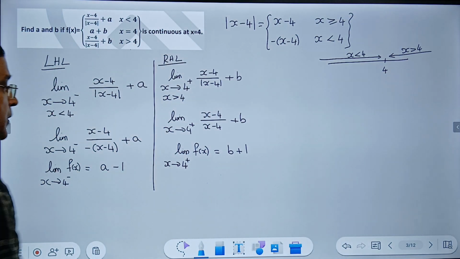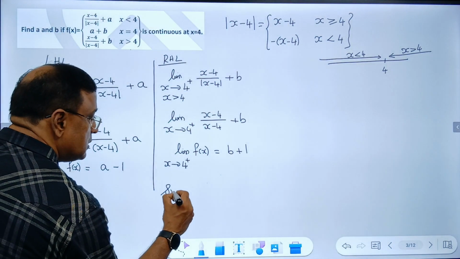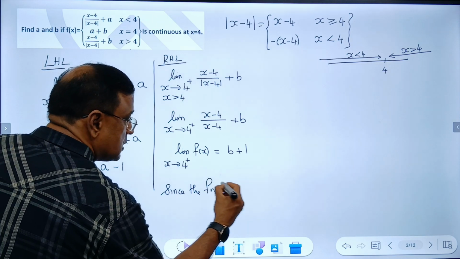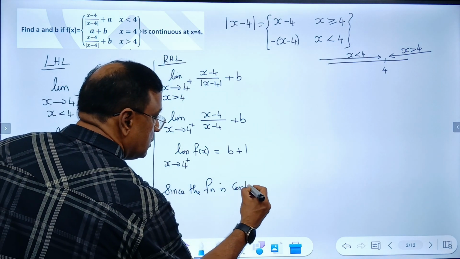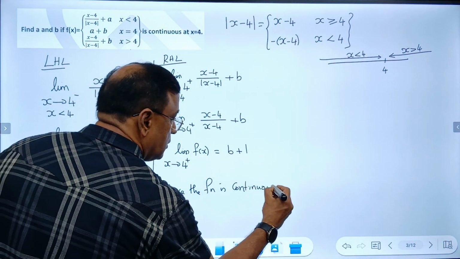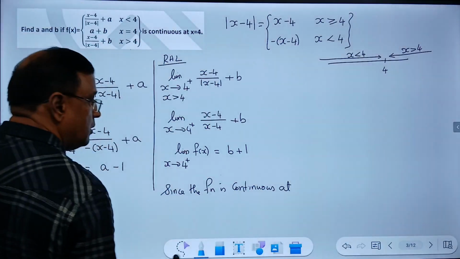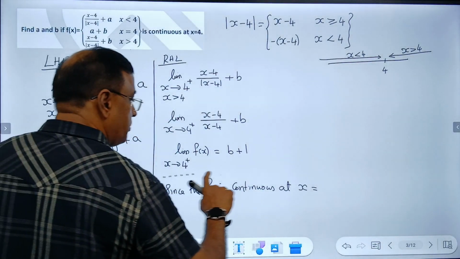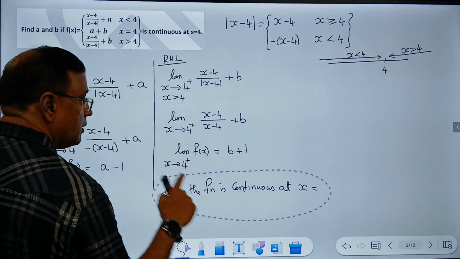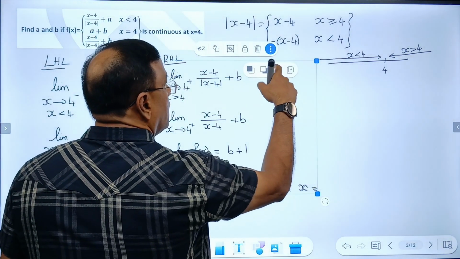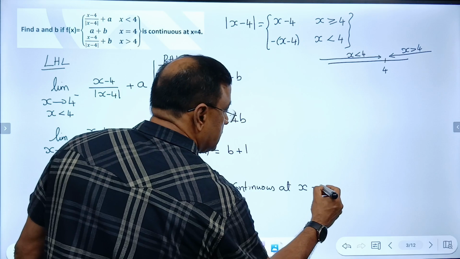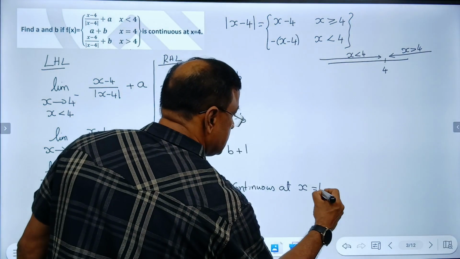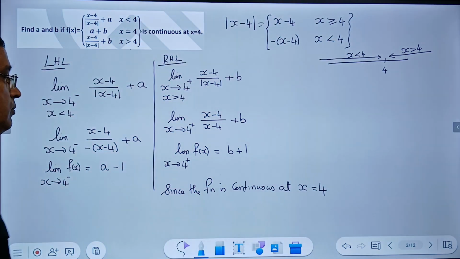Correct? Now, since the function is continuous at x is equal to 4, what do I know?